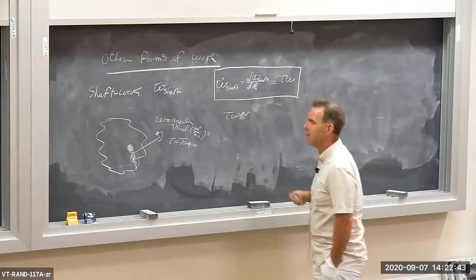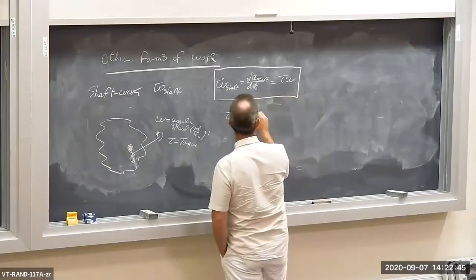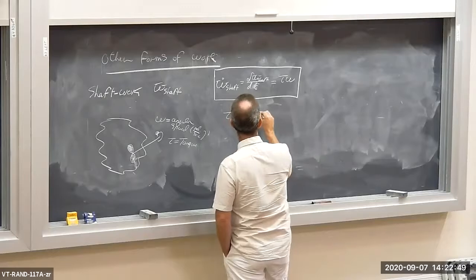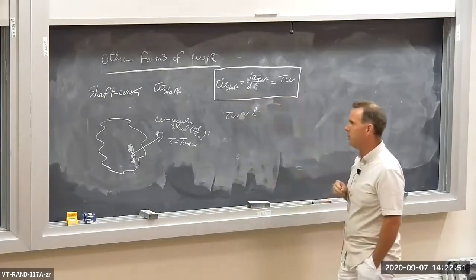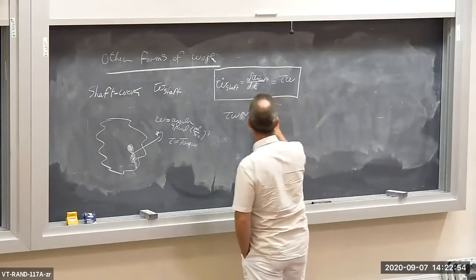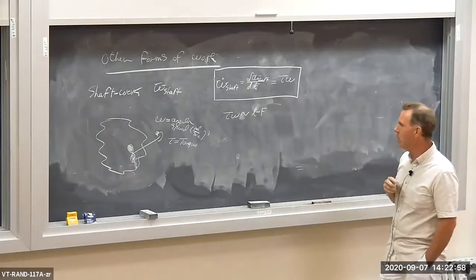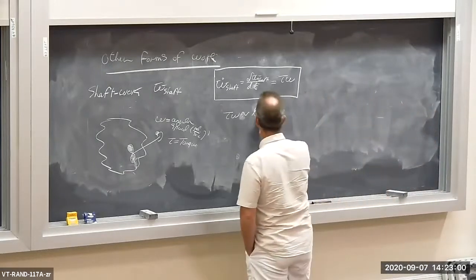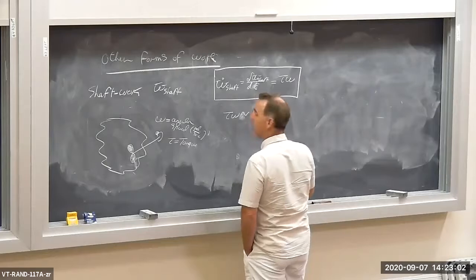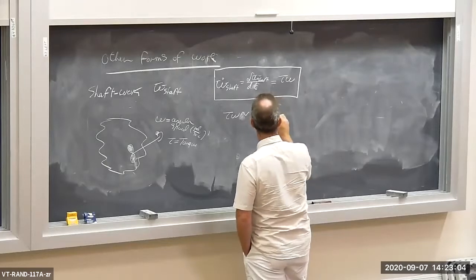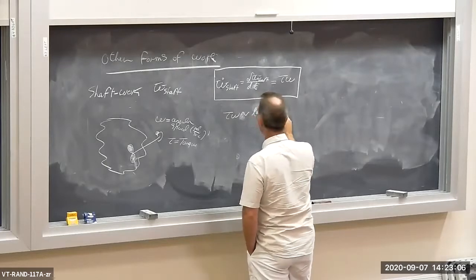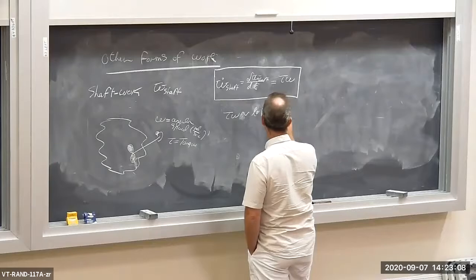So torque, let's just do it in general. It has a length, L, times a force, F. So that gives me a torque, a length times a force. And then I have omega, which is unitless. It's radians per second, so that's unitless.